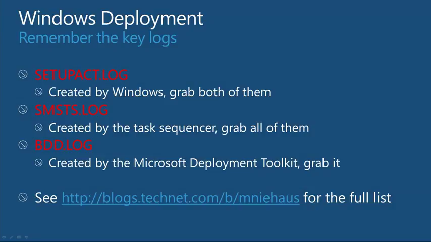In the case of light touch deployments, we tell the task sequencing engine to create a big SMSTS.log. So don't wrap, don't rename it, don't create a new one until it's like 10 meg in size, because we want all the entries to be in one file because that makes it easier to troubleshoot.